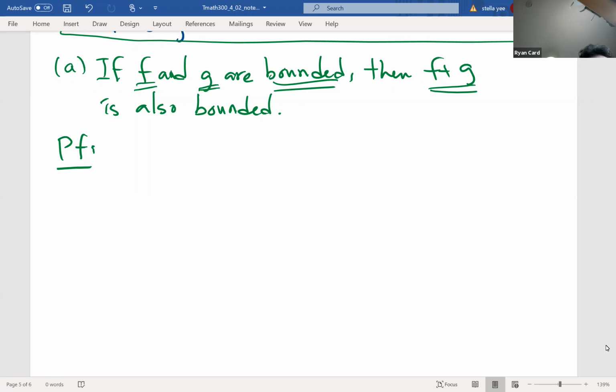Okay. So the first step is to write out what it means for f to be bounded.